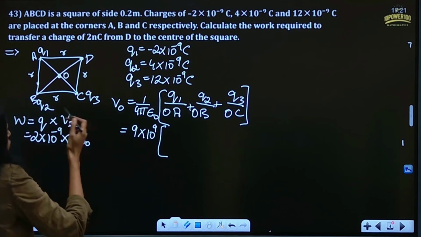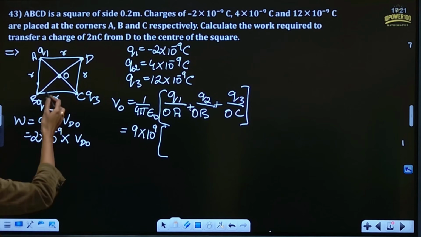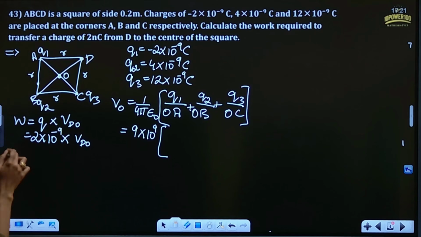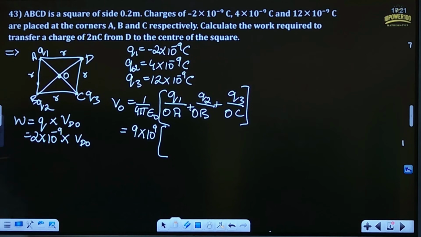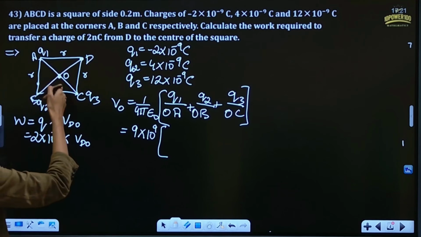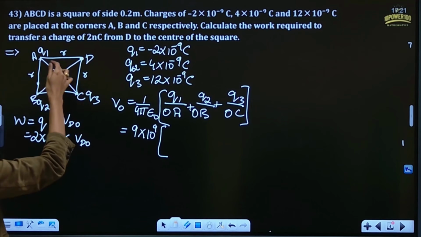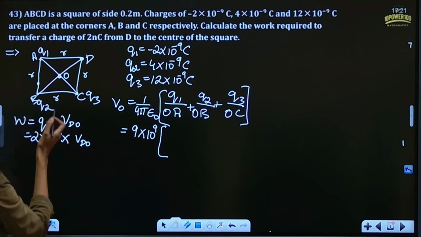The values of Q1, Q2, Q3 we already have, but what's the value of OA, OB or OC? We have the value of R, but not the value of OA. So for that, we'll take the value of AC.